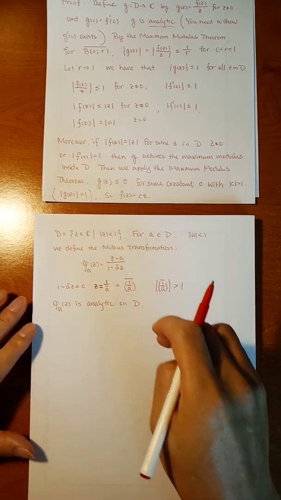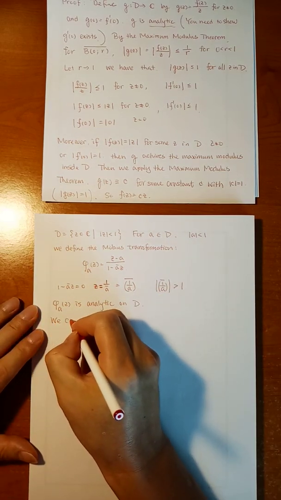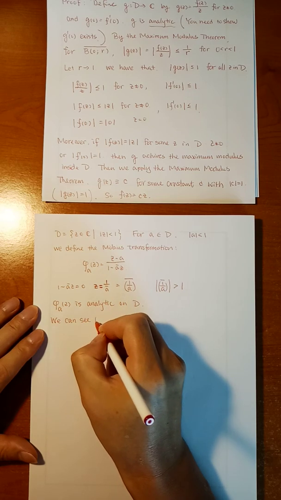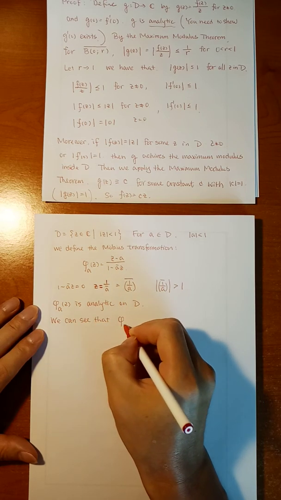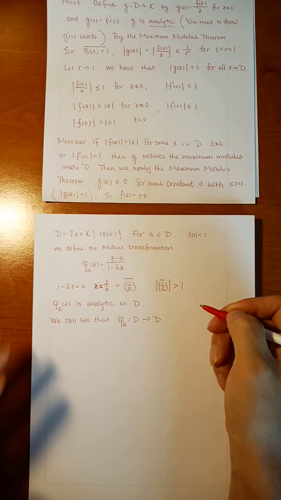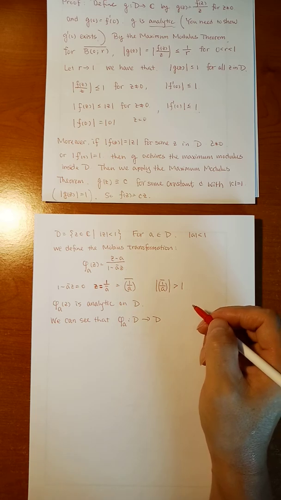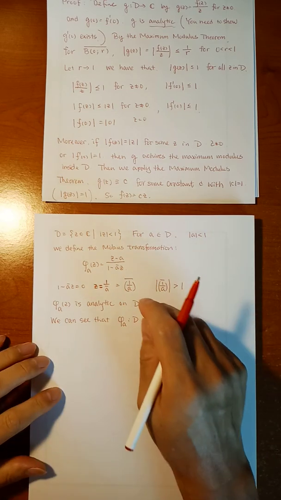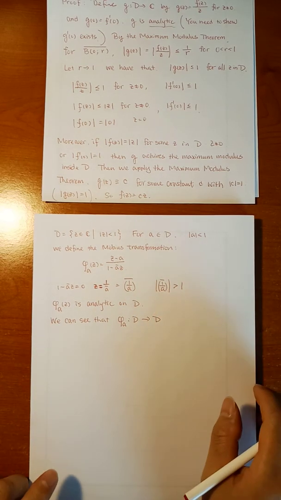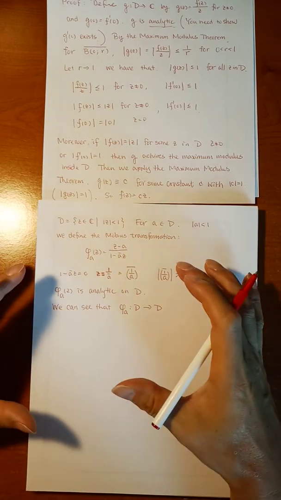Another thing, we're going to show that phi A maps D to D. Why does it map D to D? There are two ways to show it. One way, first of all, we know it's analytic, so we apply the maximum modulus.